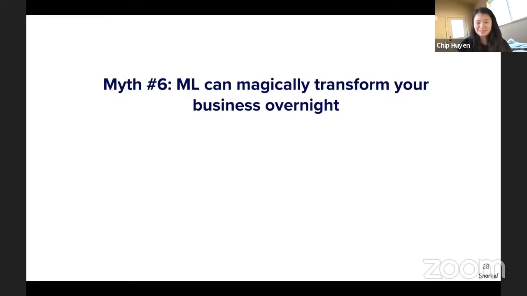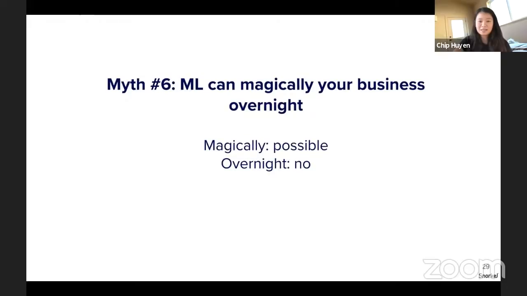That number doesn't mean anything, because it doesn't take into account the maturity of the development. The companies who haven't seen a return might very well be in a very early phase. If you just started looking at ML a week ago, there's no way you'd see a return yet. So it's magically possible, but overnight, no.